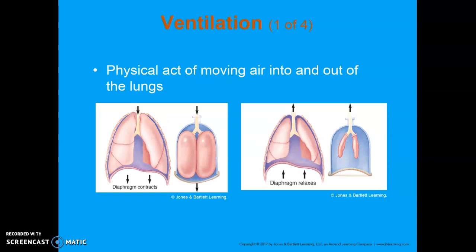So we've talked about this before, but your lungs are essentially like balloons that are inside of a vacuum. When you pull down on the bottom of that vacuum by contracting the diaphragm, it creates this big, empty, negative space. And so it wants to pull air into it to try and fill that out. It's trying to equalize the pressure from outside of the body and inside of the lung cavity.